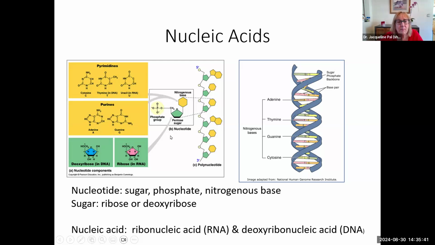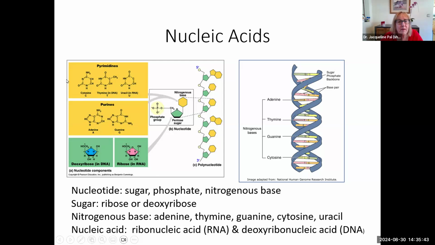Now, the nitrogenous bases, there are 5 of them. And if you look, you don't have to know the words purines and pyrimidines, but notice that 3 of them are single rings, as shown here, here, here, and here, whereas 2 of them are double rings attached to each other, shown here and here.